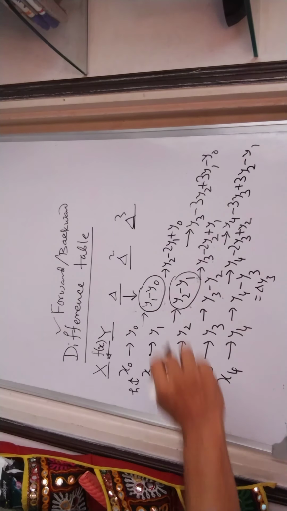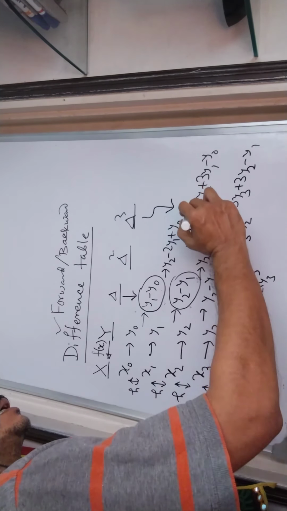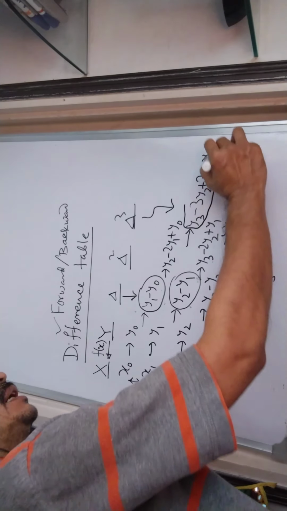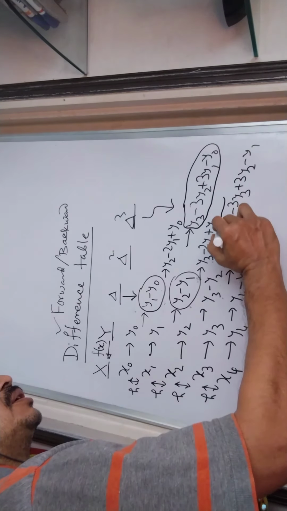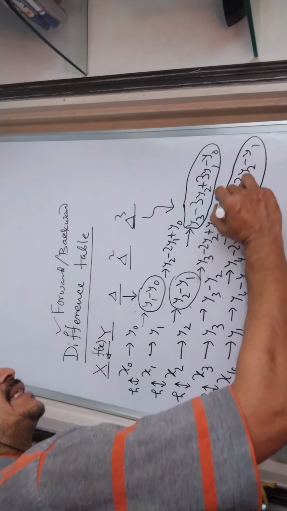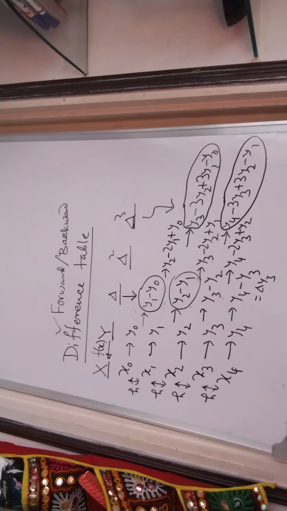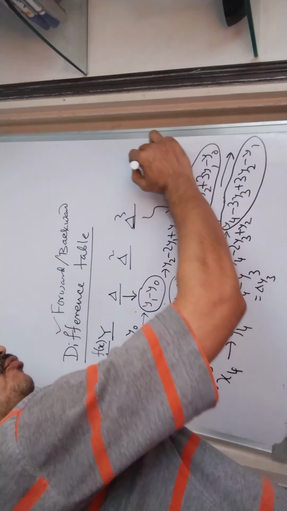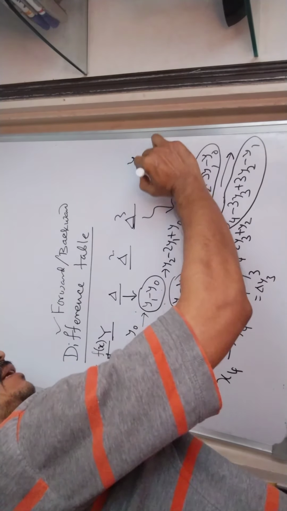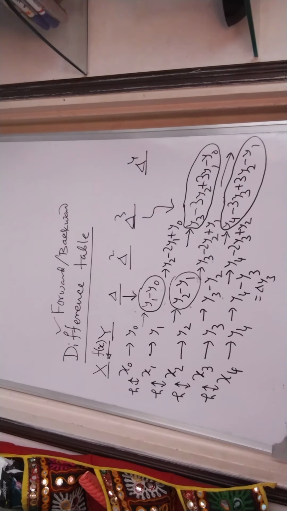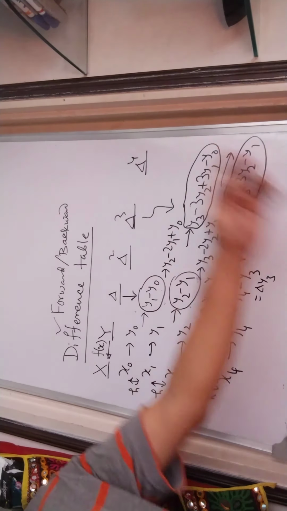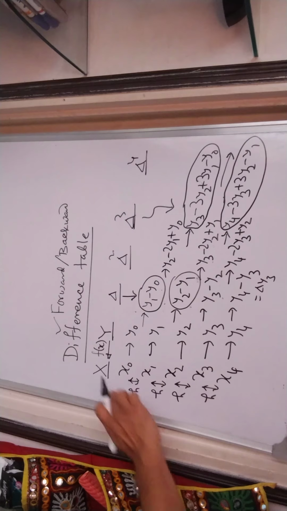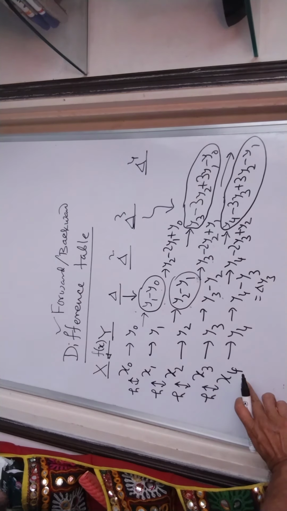So these two values are actually the third difference, or difference of second difference, and we have two values, and the table ends here when we write the fourth difference, that is the difference of the two third differences, and you don't have any other differences since we have 5 arguments here.